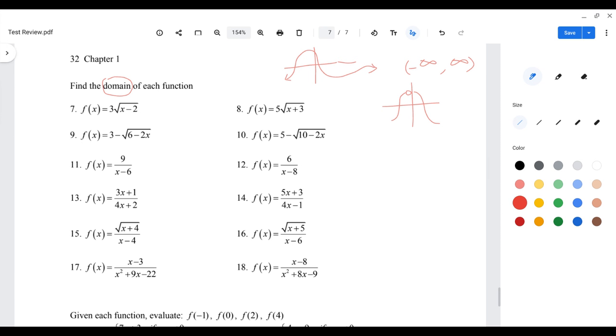For example, this dot cannot be included. So you will have negative infinity all the way to where the dot is, like the 1. It's not included. Then going from 1 to positive infinity. We saw something like that in class. So we just have to figure out where x cannot be, then exclude that point.